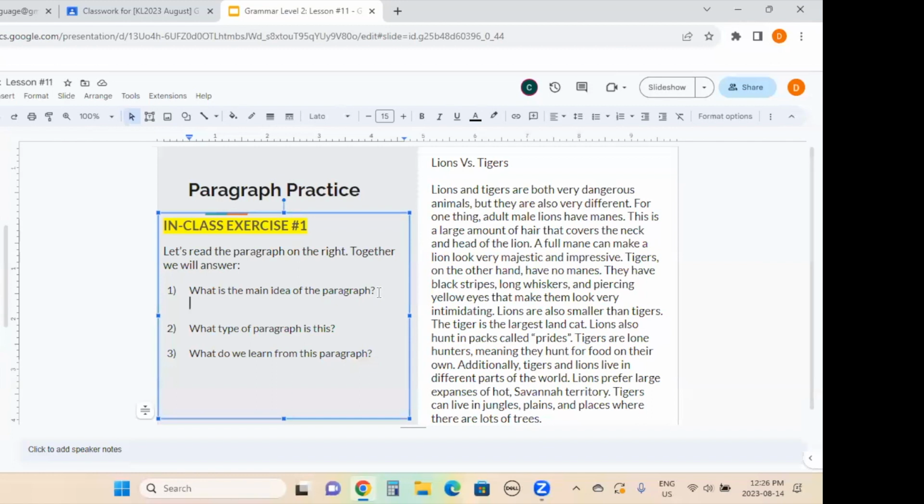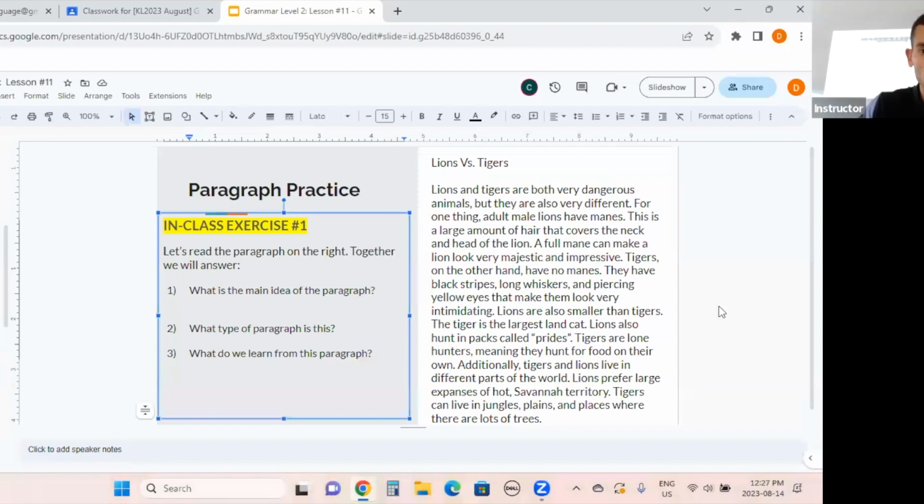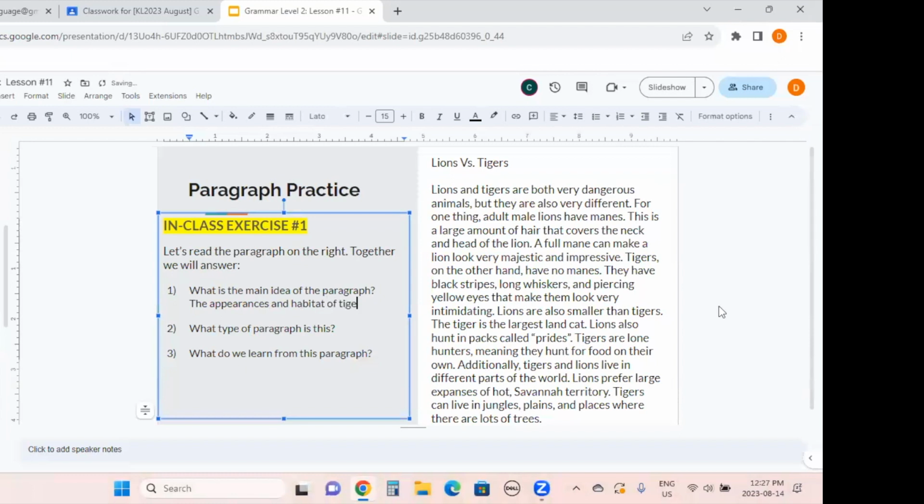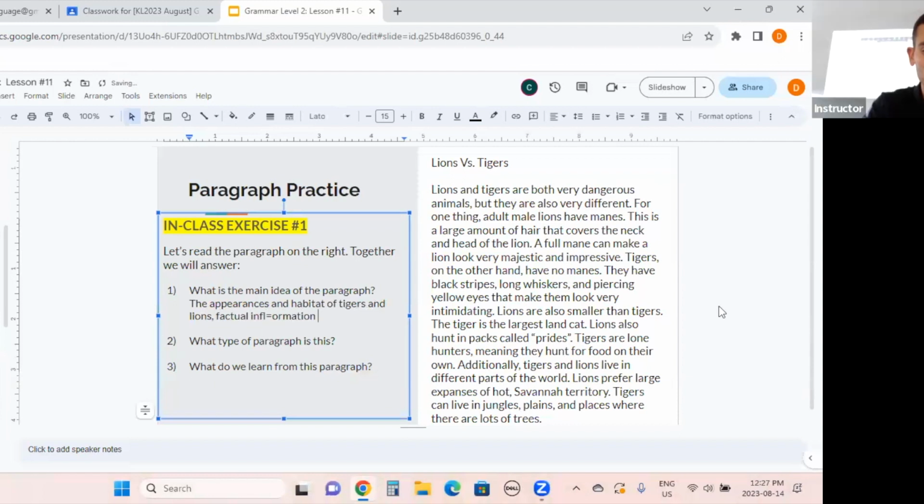The appearance and the habitat. The appearance and habitat of tigers and lions. That's one thing. Anything else, Martin? Facts. They're telling facts about the animal. Right. Factual information about them.